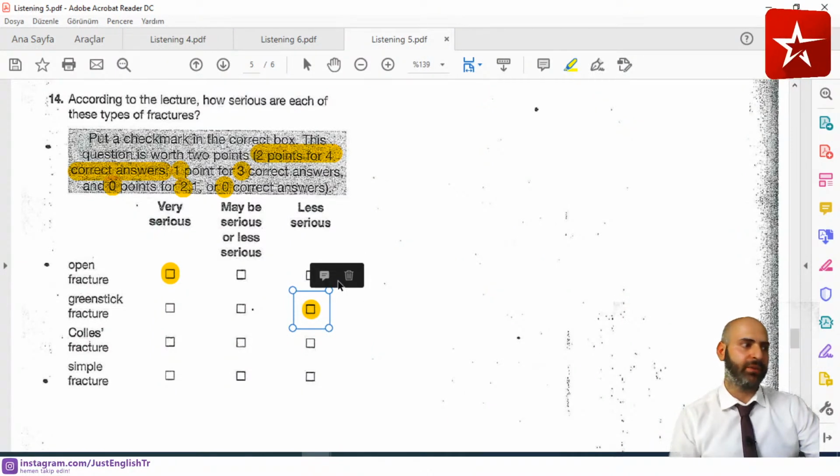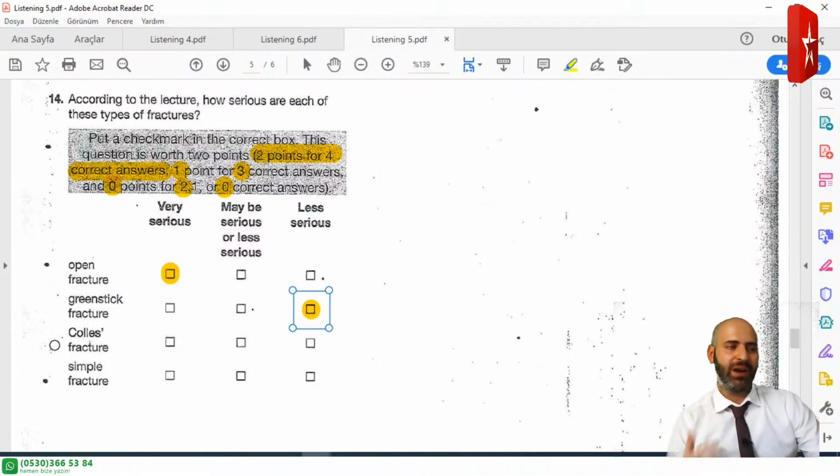Boys, come on, where are you? I need some boys. Cole's fracture is very serious, maybe or less serious?